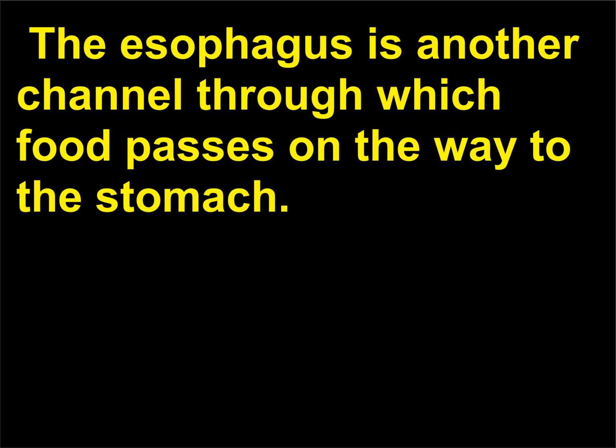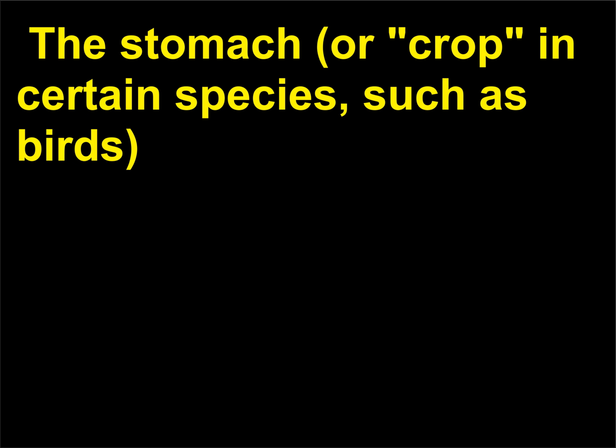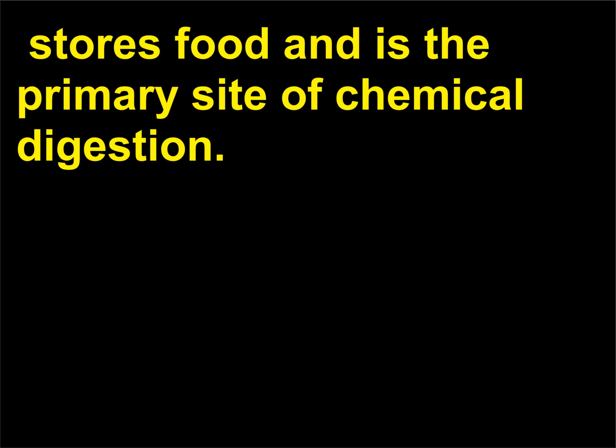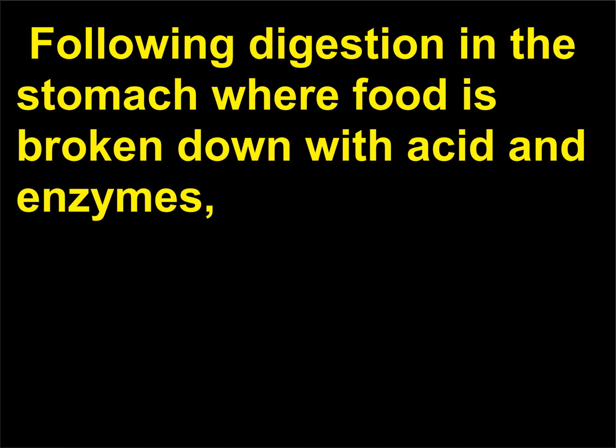The esophagus is another channel through which food passes on the way to the stomach. The stomach, or crop in certain species, such as birds, stores food and is the primary site of chemical digestion, where food is broken down with acid and enzymes.